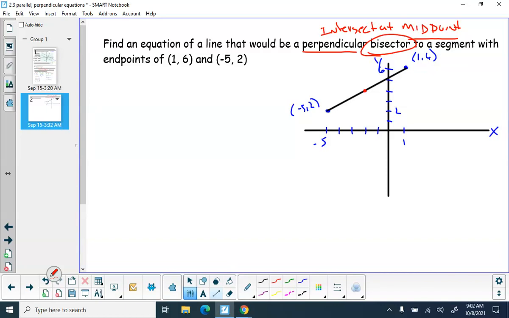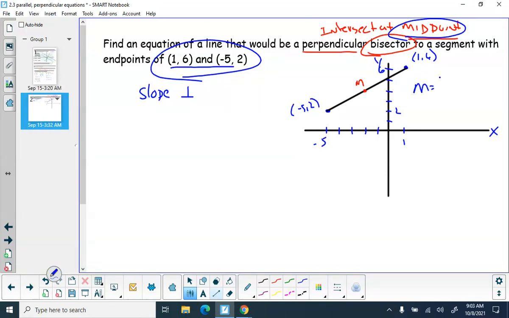So we have to be perpendicular and we have to go through its midpoint. So what we have to determine here is first what is the midpoint between these 2 points. Then we need to have a slope that is perpendicular to these 2 points. Well, how do I find the slope given 2 points?